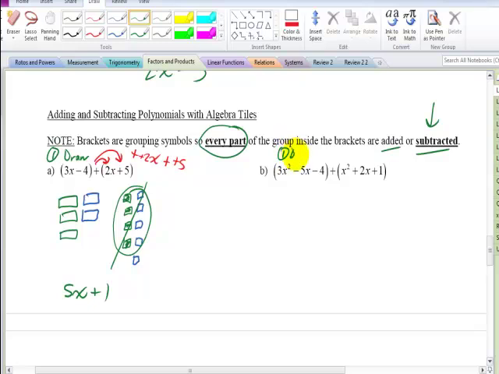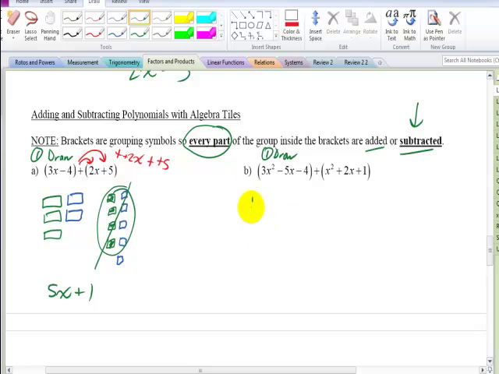Okay. So we're going to do the same thing here. First step is to draw everything there. Good.